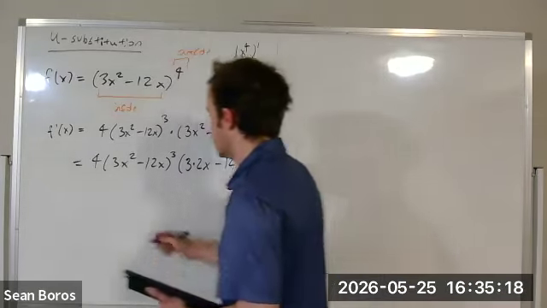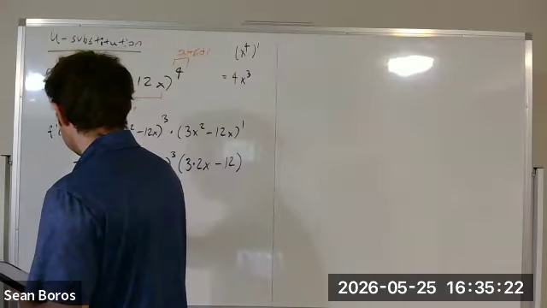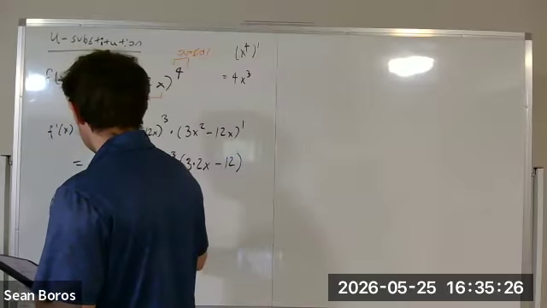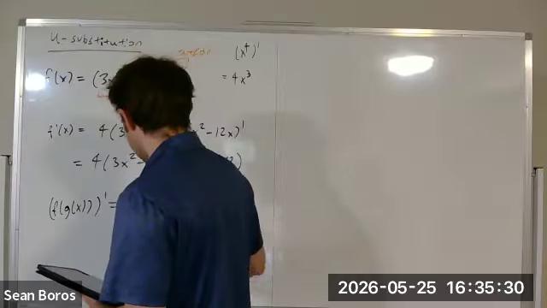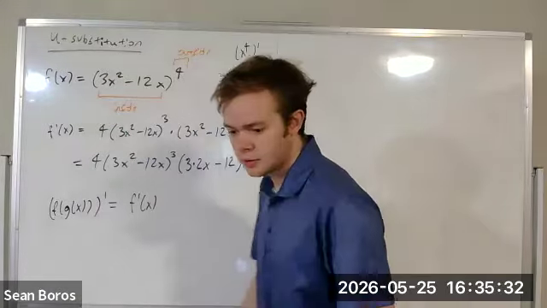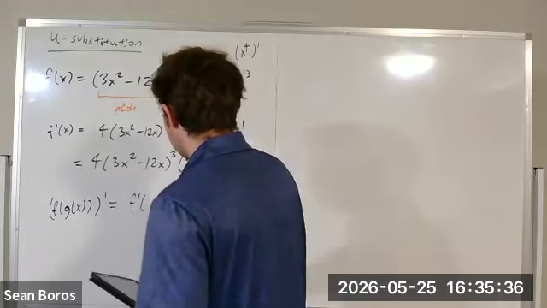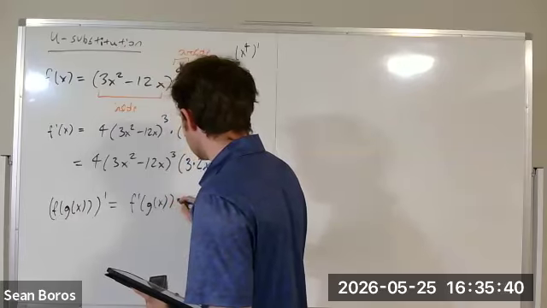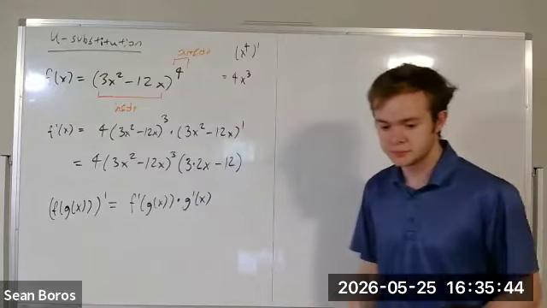So I would say here that the chain rule said whenever we had f of g of x and we take its derivative, then it's going to be the derivative of the outside function, you plug in the inside function, and you multiply by the derivative of the inside function.